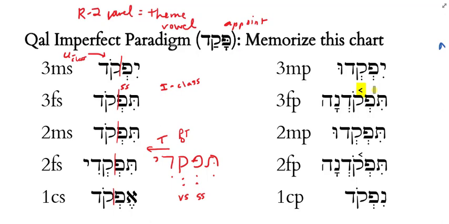Okay? So it's tifkodna. Now, why didn't the accent go to the back? Well, we learned that vocalic endings like to pull the accent to the back, don't they? Consonantal endings, they do that if they're heavy. This is, we could call it a light consonantal ending because it's just a consonant with 1 vowel. Okay? So it's going to leave the stress on root 2, tifkodna.